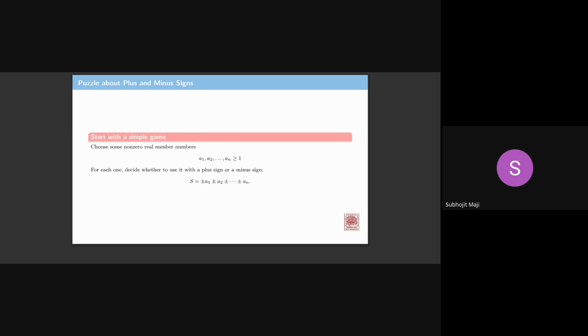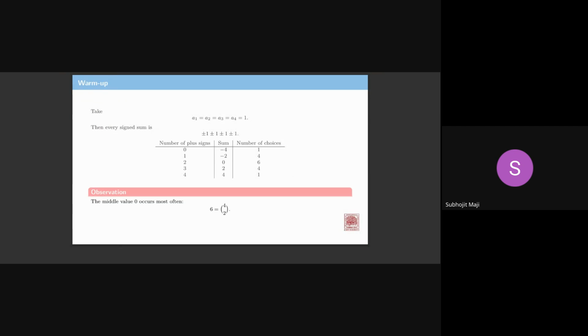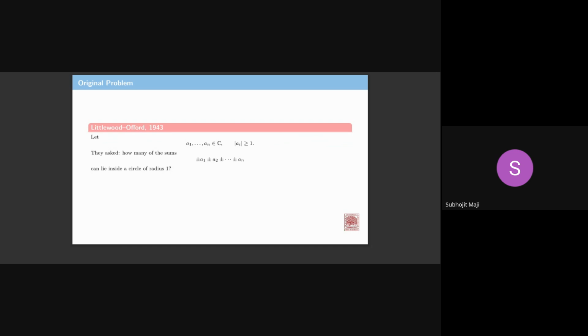Now moving on to something that is a bit more rigorous. This was very vague. So Littlewood and Offord in 1943 tried to determine the answer to this question. Let a1, a2, up to an be some complex numbers.